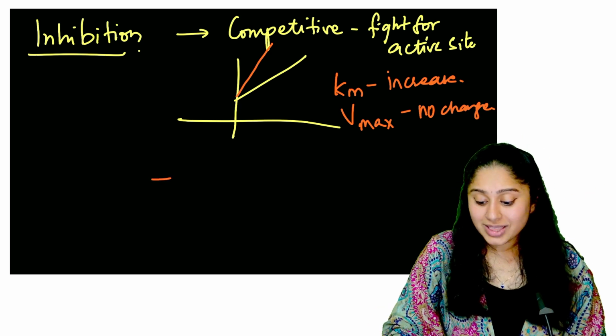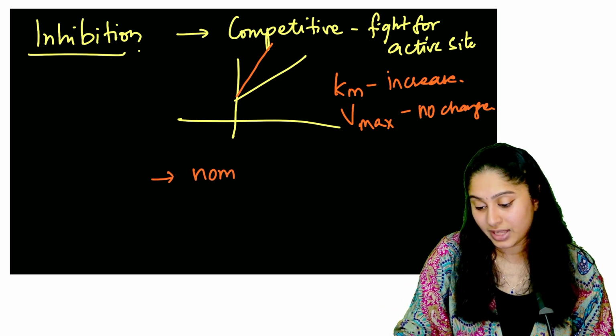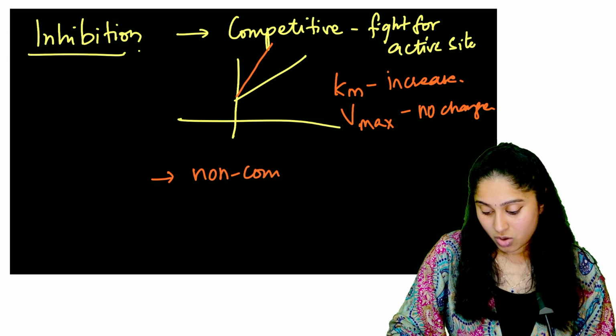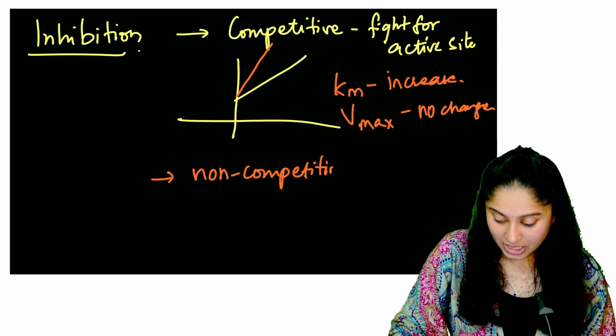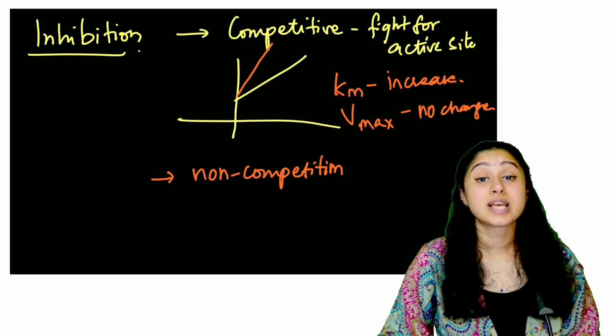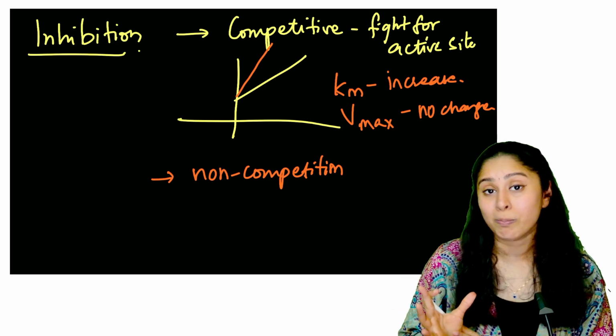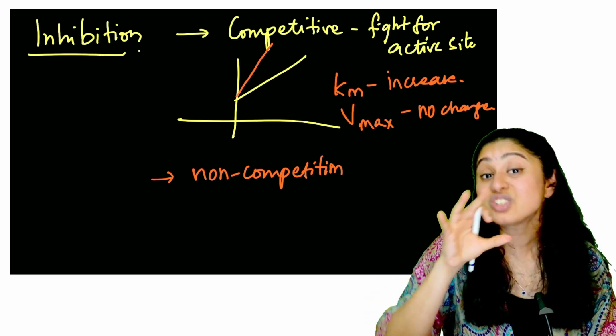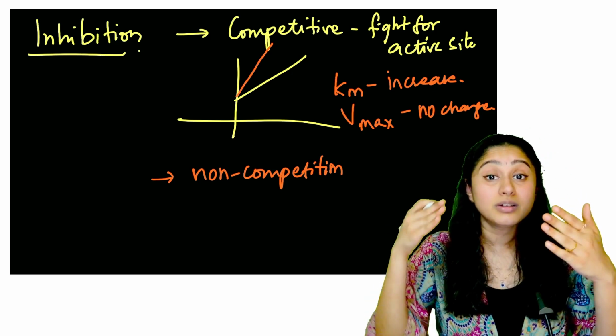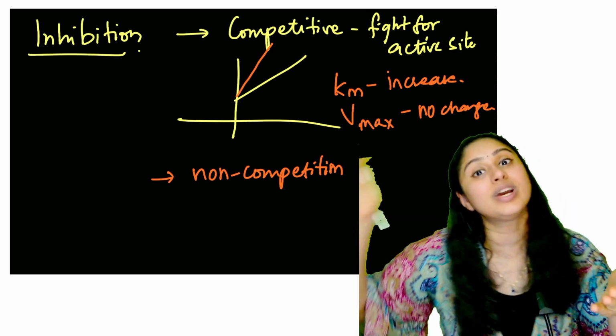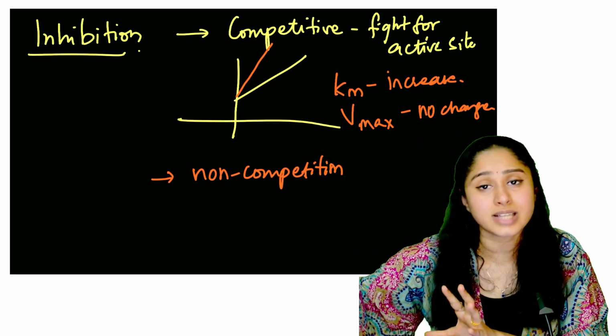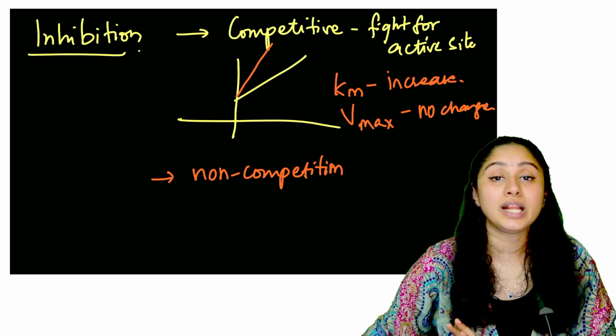Now in the case of non-competitive inhibition, my inhibitor is going to bind to the enzyme, but not where the active site is. It is somewhere else. In some other allosteric site, it will go and bind and bring about an inhibition.